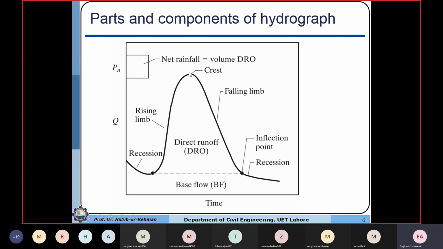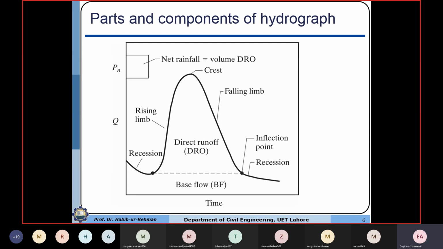So it depends on many factors. It depends on the rainfall characteristics, which are called climate factors, in which intensity of rainfall is involved, amount of rainfall is involved, duration of rainfall is involved, and we have the rainfall distribution near the outlet, away from the outlet, movement of the rainfall towards the outlet or away from the outlet.